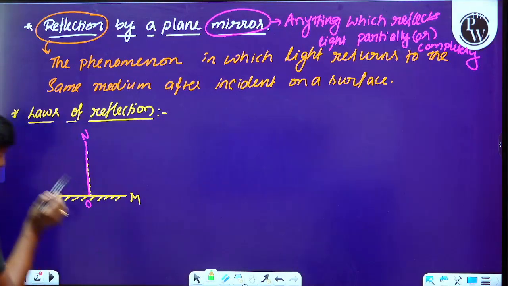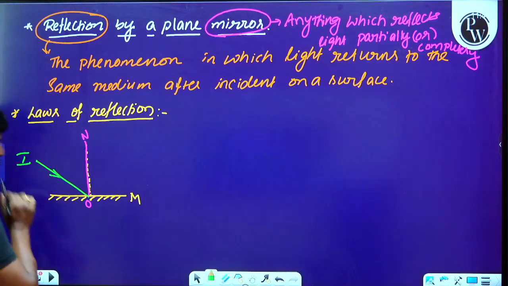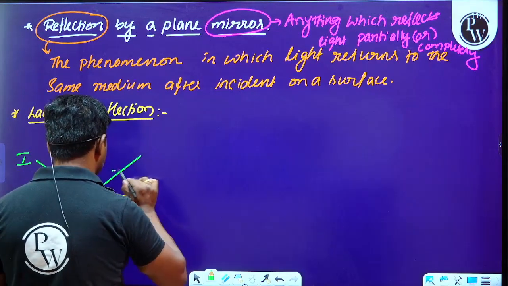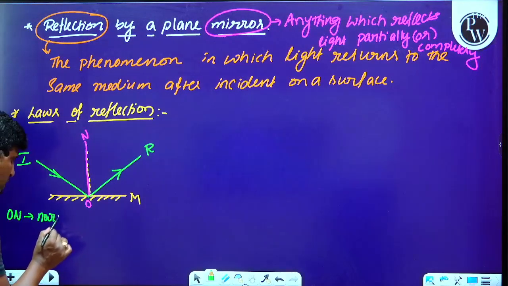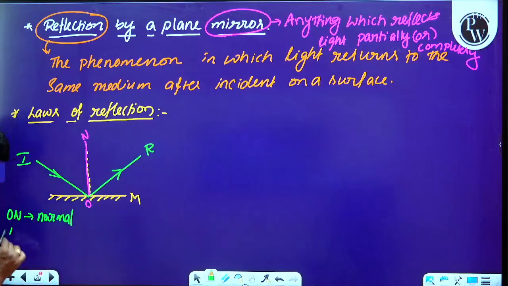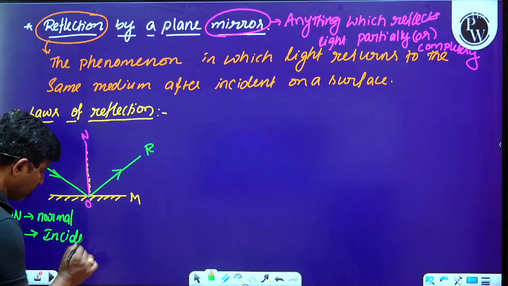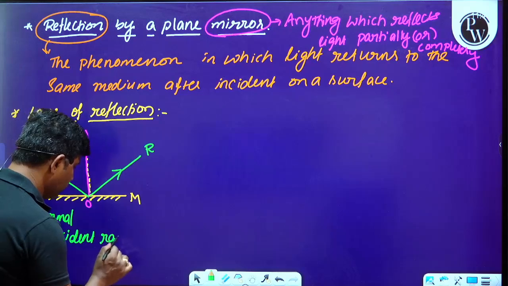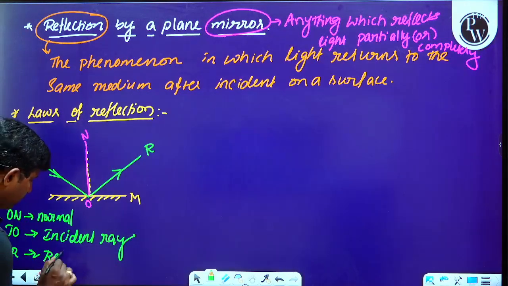Let us say IO is the incident ray and OR is the reflected ray. I am writing here ON. ON stands for normal, IO stands for incident ray, and OR is called the reflected ray.